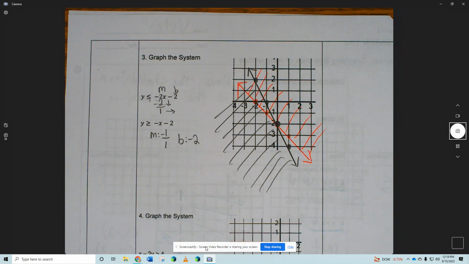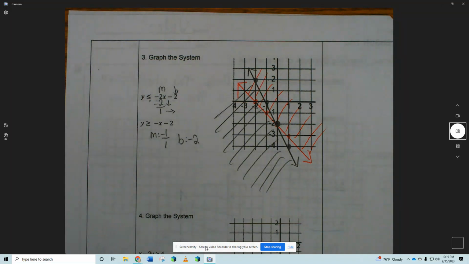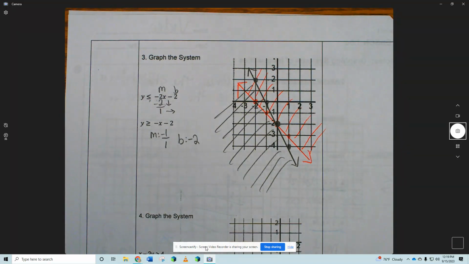Where does the shading overlap? Did you see the shading? Did you tell me where it overlaps? Where's the shading in common?